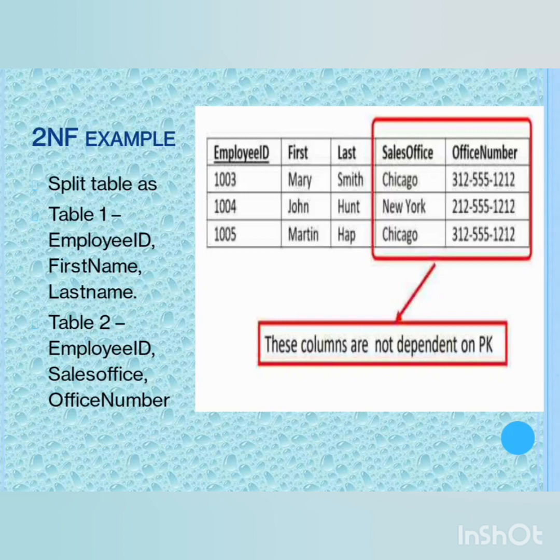Table 1 is split like this: employee ID, first name and last name. Table 2, again we split it as employee ID, sales office and office number. So we try to split tables. Why do we split? To satisfy what is called second normal form.